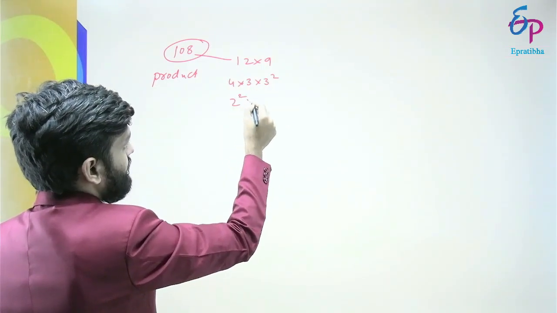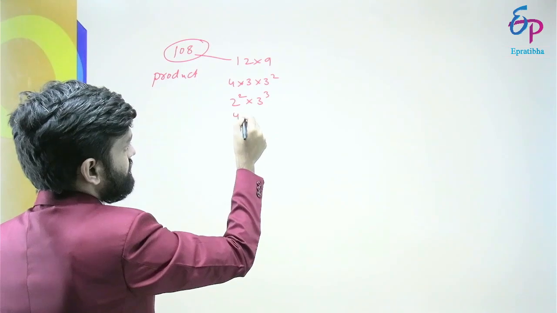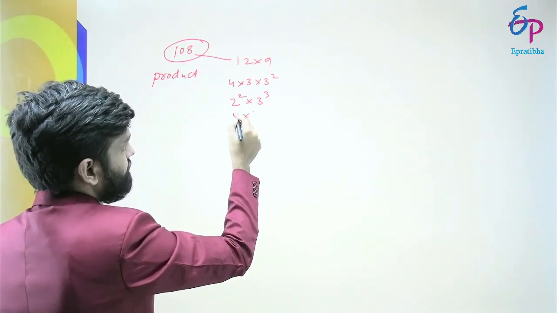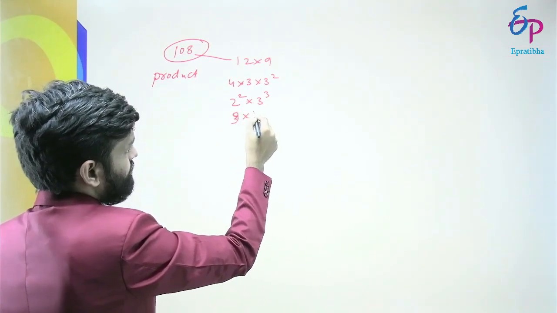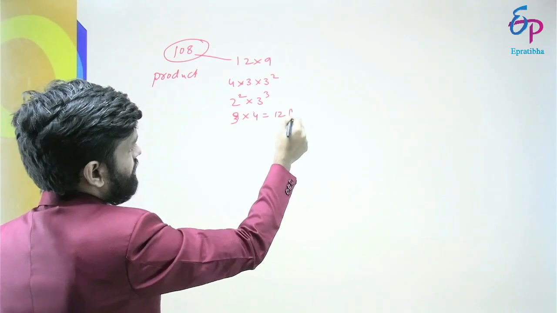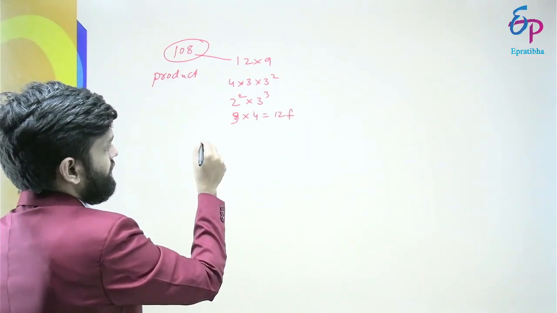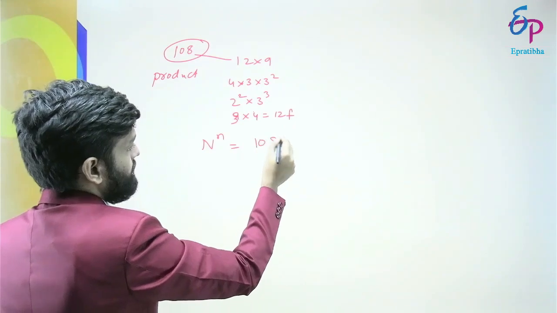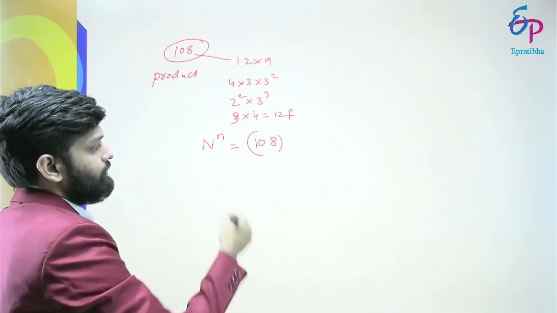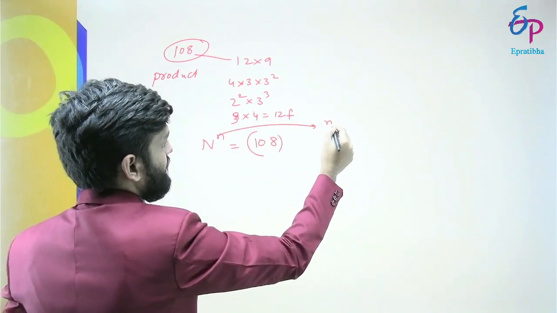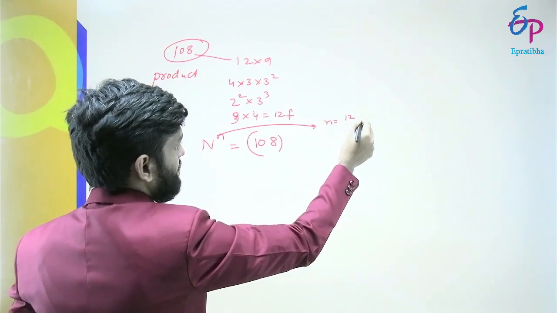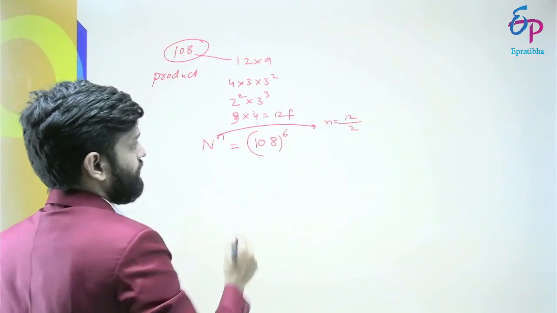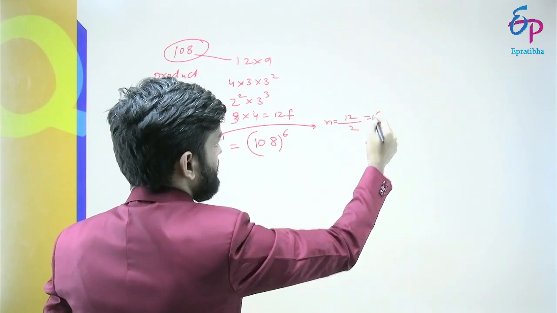So 2 square into 3 cube, that is 3 into 4, total 12 factors are there. What is the formula? Capital N power small n. Capital N is nothing but 108. Small n is number of factors divided by 2. That is 6. So 108 power 6 is the answer.